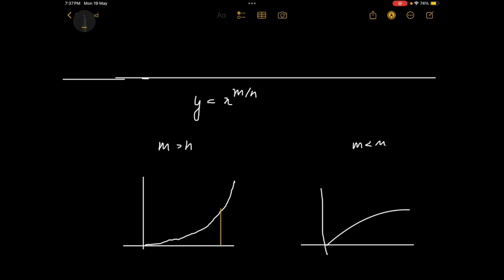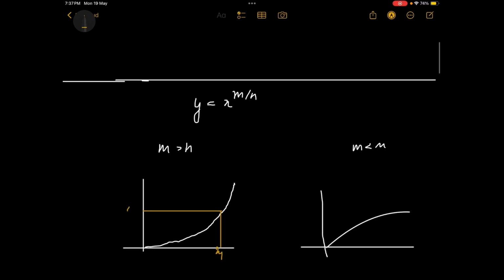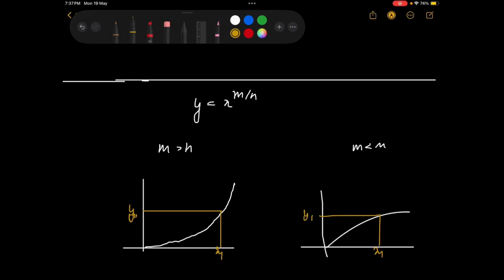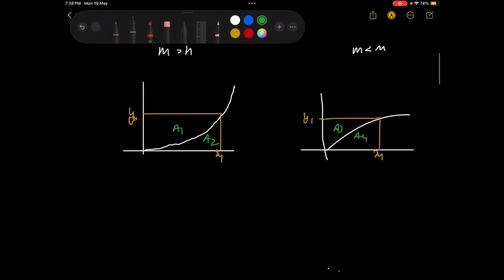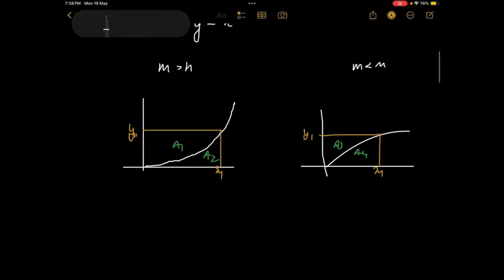I assume a point (xi, yi) on both the graphs. And representing this area as A1, this area as A2, this area as A3, and this area as A4. The question is, what is the ratio of these areas?